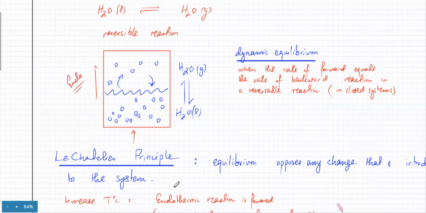Endothermic reactions are the ones that need energy. So if you increase temperature, then those reactions that need energy are obviously going to speed up. So there's going to be more evaporation taking place, and more water molecules are going to be produced. Every second, let's say 10 molecules would evaporate, and every second only 5 would condense back. If you're increasing temperature, the rate of evaporation would be faster. Okay, is this clear?